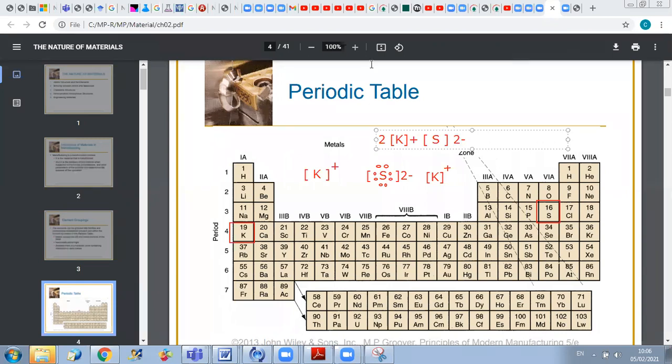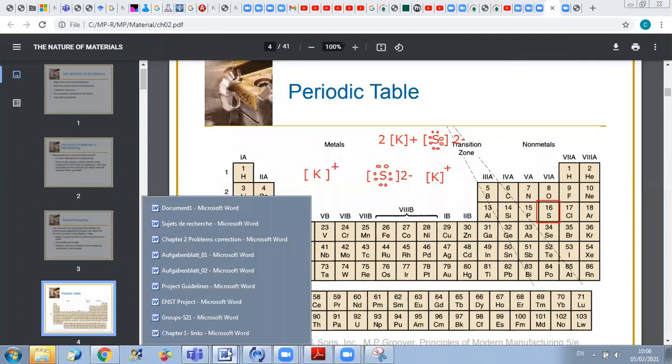Since S is gaining electrons, I present the full set of electrons after gaining the 2, so I put 8 dots for S. This is how I do the Lewis representation for an ionic compound. Now, the second question asks about the second type of ionic bonding I am studying.